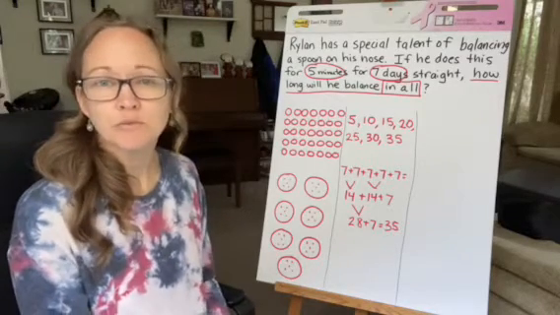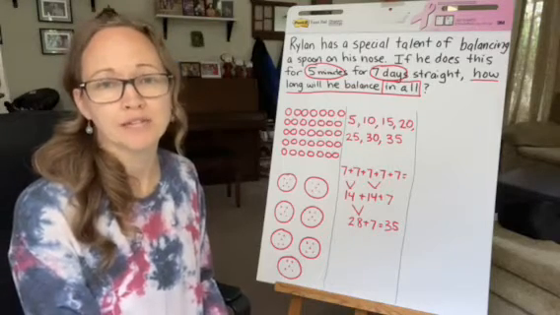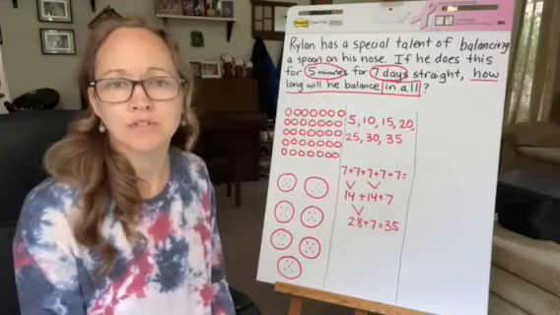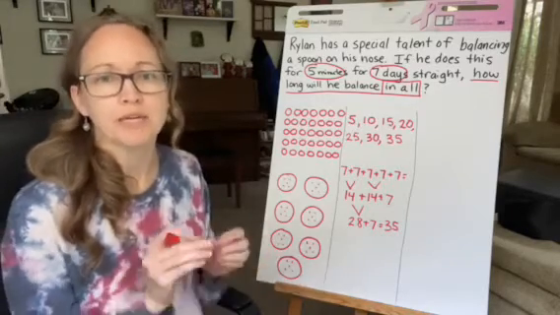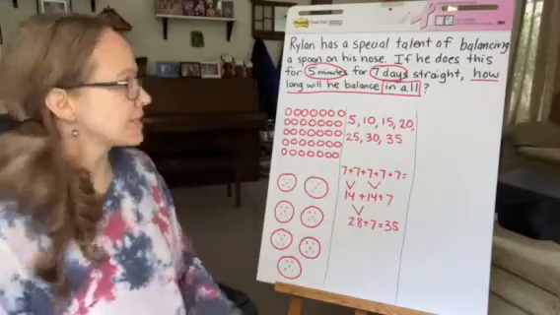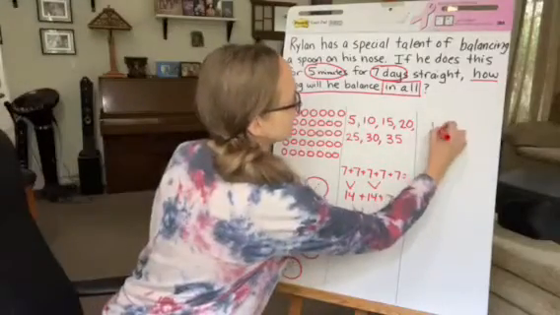All right, now the final multiplication strategy we're going to use to solve this problem is the distributive property. The distributive property says that if a multiplication problem is too difficult, no problem. You can break it up into 2 smaller multiplication problems. So let's take our multiplication problem, 5 times 7.